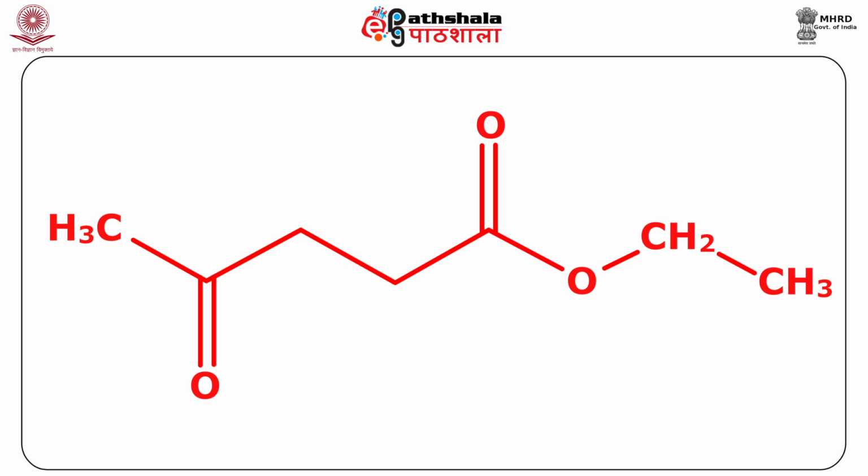Now you can see from the structure of the compound drawn here, we can easily account for each ppm value given in the proton NMR as well as each of the IR values given in the problem. See how easily we can determine the structure of an unknown compound by joining all the fragments from the data given to us.